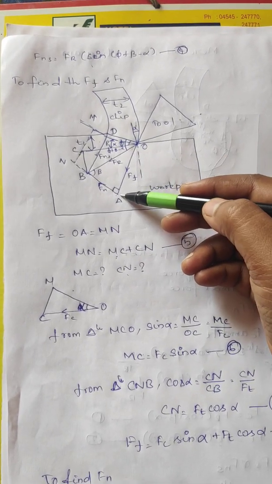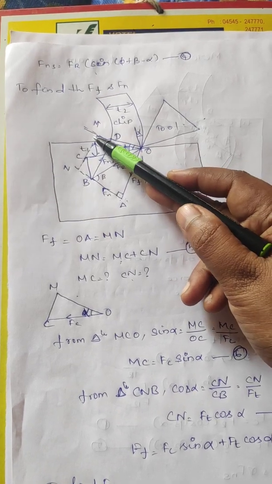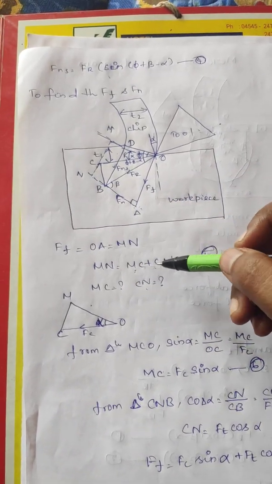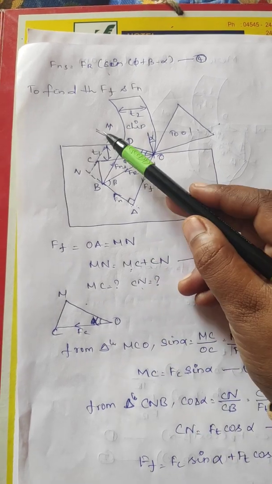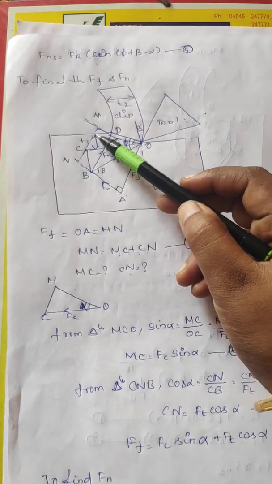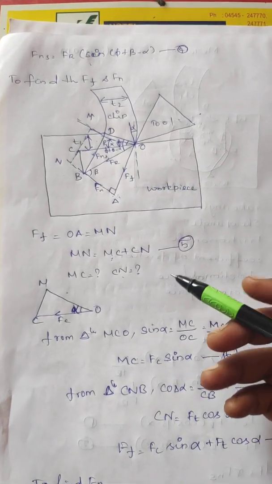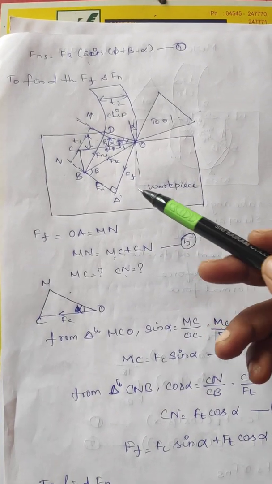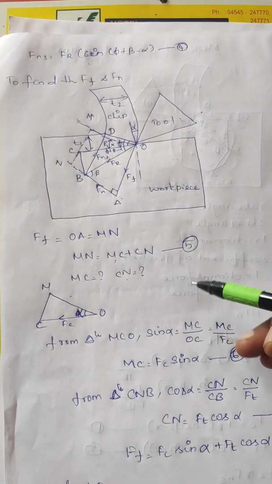Here OA is the frictional force, which is also equal to MN. We can split MN as MC plus CN, but we don't know what MC and CN are. So we take MN equals MC plus CN as the fifth equation.